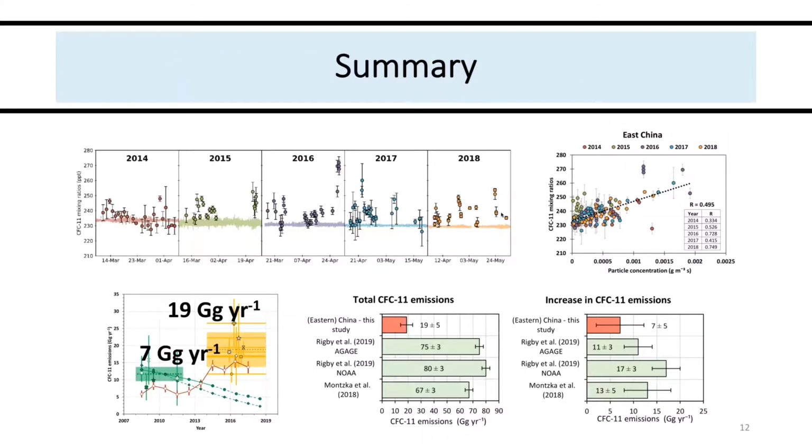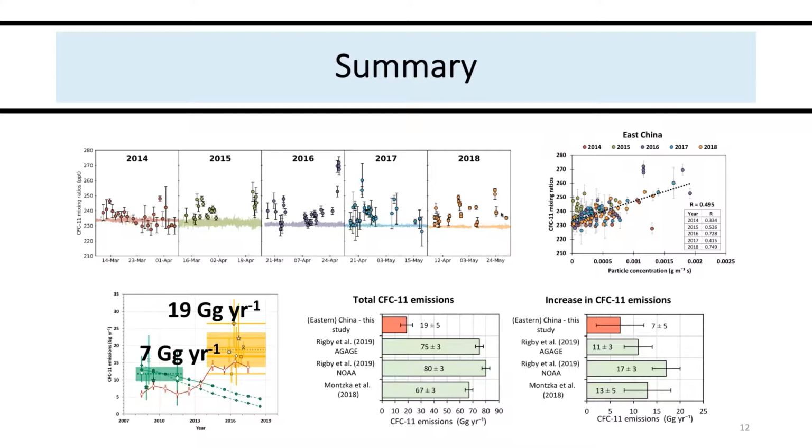So to summarize, we investigated East Asian emissions of CFC-11 using measurements that we made of air samples collected in Taiwan. We found that CFC-11 emissions are likely coming from Eastern China at levels of about 19 gigagrams per year.